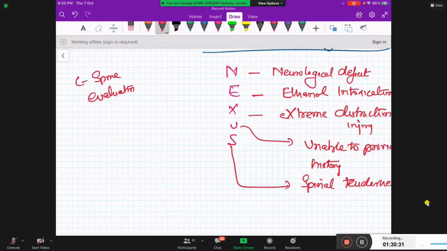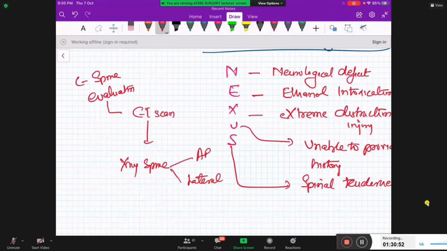You should do a CT scan of the spine. But if CT scan is not in the choice, then we will do X-ray of the spine, AP, lateral view.